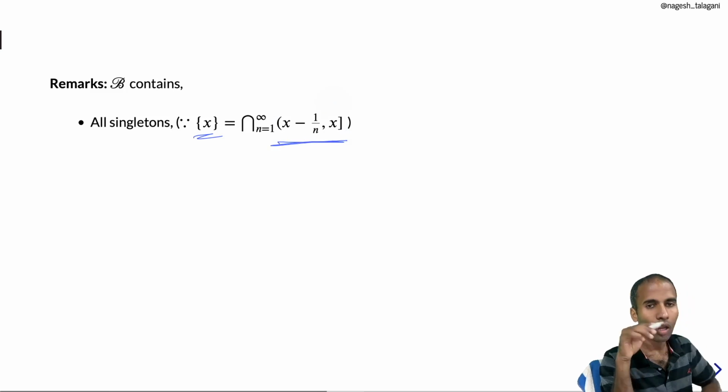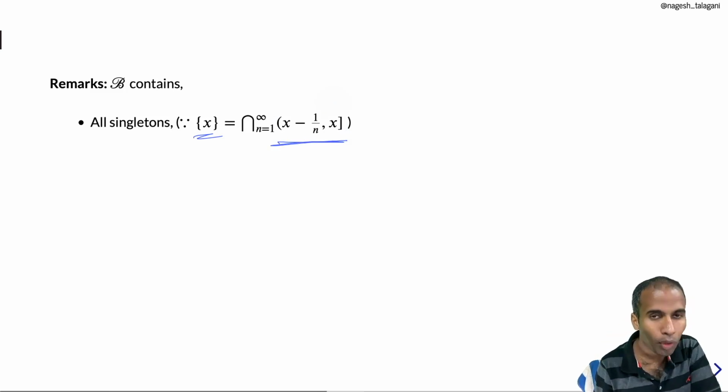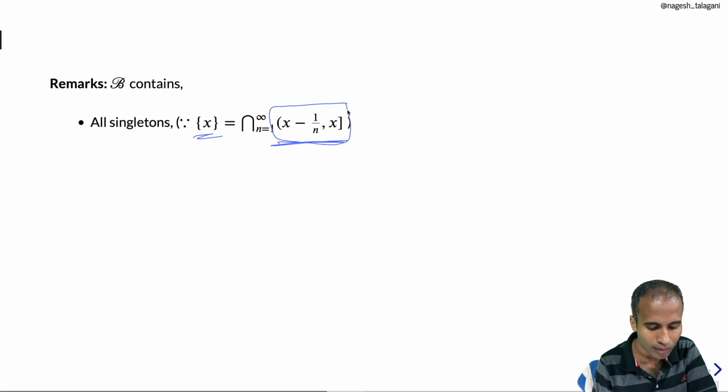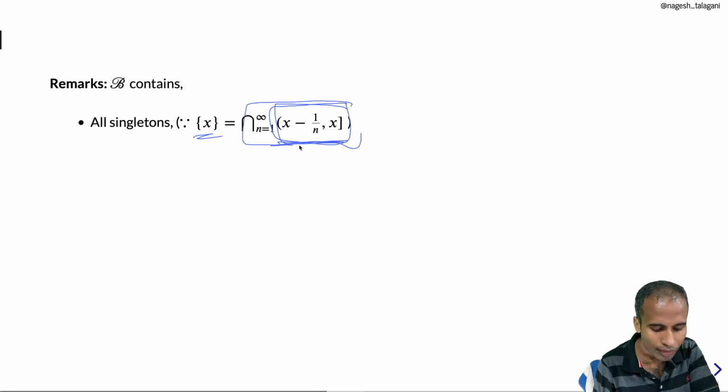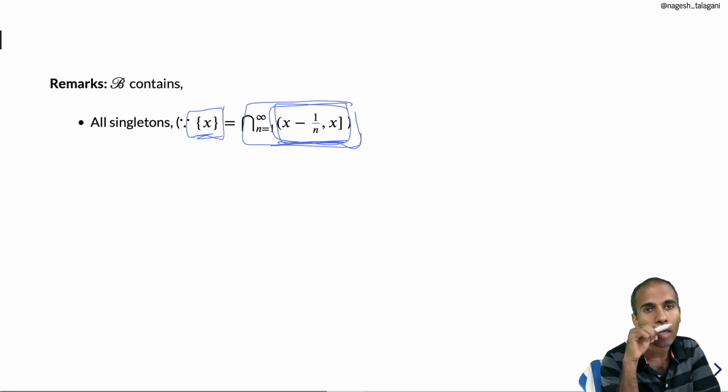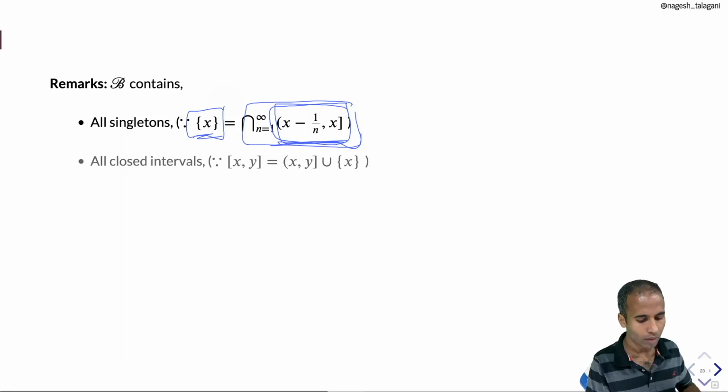And we know that the Borel sigma field is generated by intervals of these types, so these are all candidates from the Borel sigma field, and a sigma field must also be closed under countable intersection. That's why this intersection must also be in the Borel sigma field, which happens to be singleton x. So any singleton subset of R is going to be a Borel set.